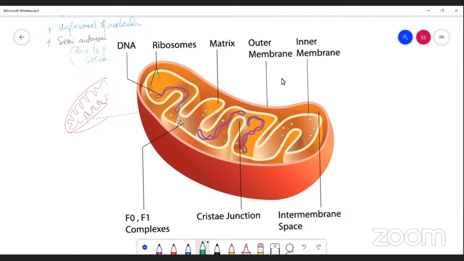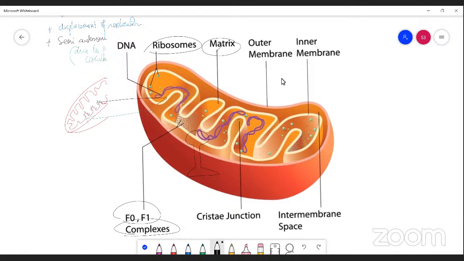And the cristae structure, as I said, is located here. The DNA is circular in shape, and ribosomes are also present. The matrix, filled with proteinaceous substances, is the mitochondrial matrix, also known as the mitochondrial stroma. Now the cristae structure consists of F1 particles, F0 particles, the F1 complex or Fernandez complex.